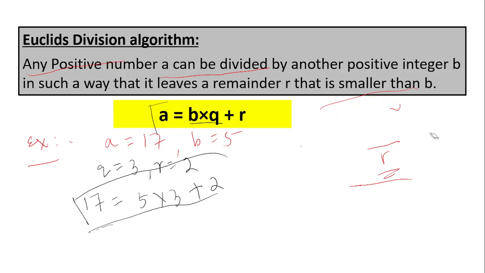Let us take another example. Suppose I took a is equal to 36 and b is equal to 7. Then I can write 36 is equal to 7 into 5 plus 1.